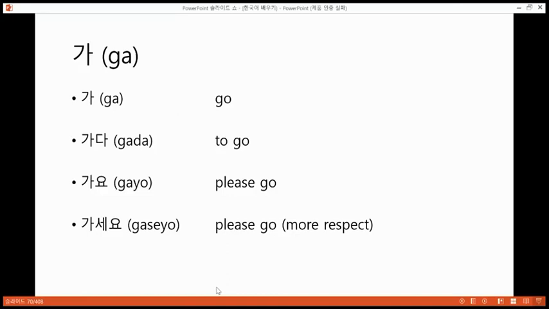Okay, please go slowly. As I mentioned, 가요 has three usages: declarative, inquisitive, and imperative. The same with 가세요. If you say, are you going? 가세요? Then please go, 가세요.